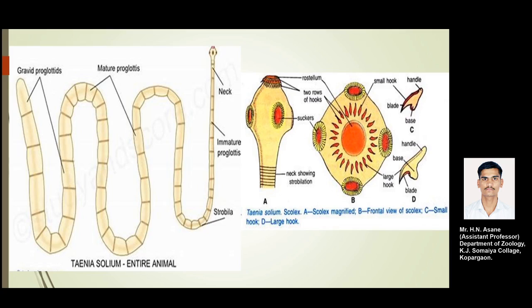Gravid proglottids are the sexually mature segments. Each segment contains its own genitals, and the entire segment can be gravid at one time.